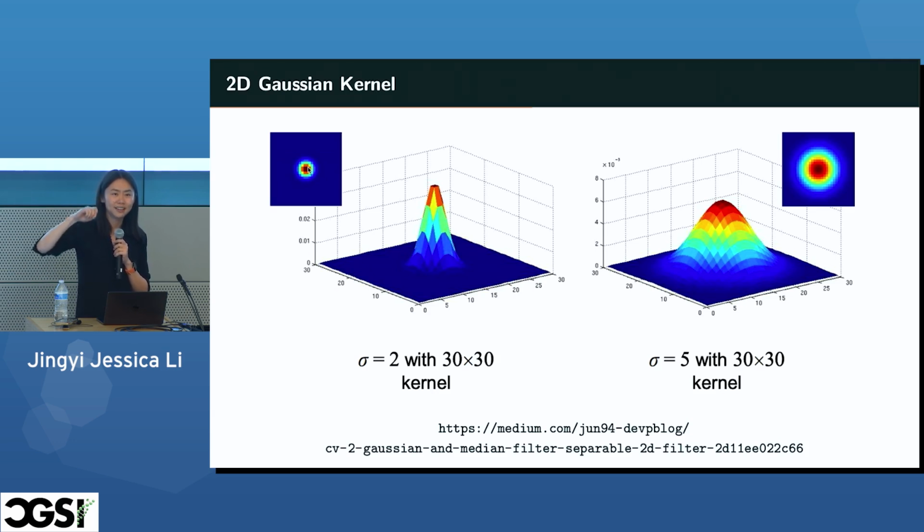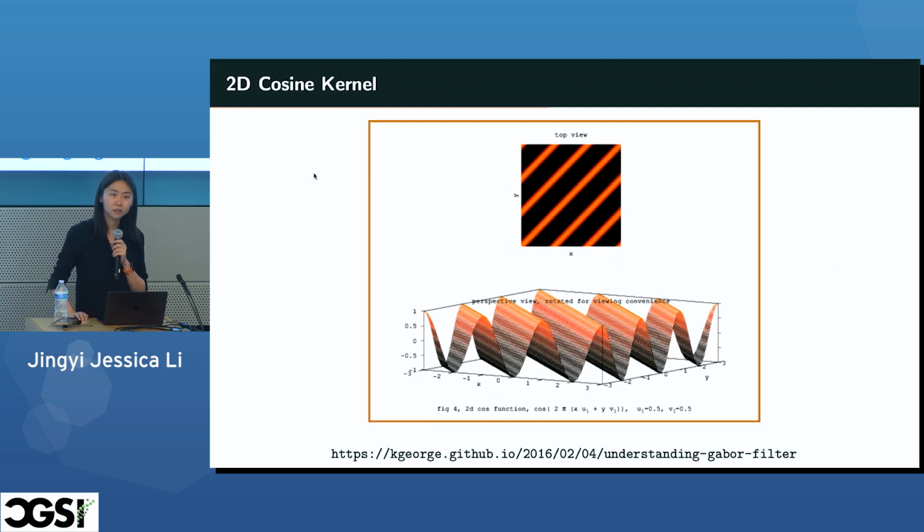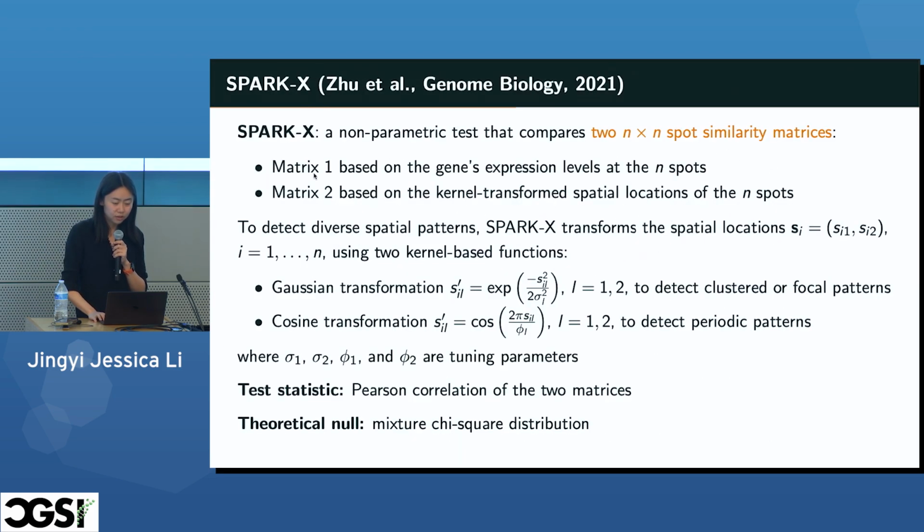The middle is the highest center, and then as you get away from the center, you are more and more dissimilar. And they also look at a cosine kernel. This is a cosine kernel. The cosine kernel will give you this periodic pattern. So they consider both kernels. Of course, each kernel has a tuning parameter, but they consider them both, and then they will aggregate the result.